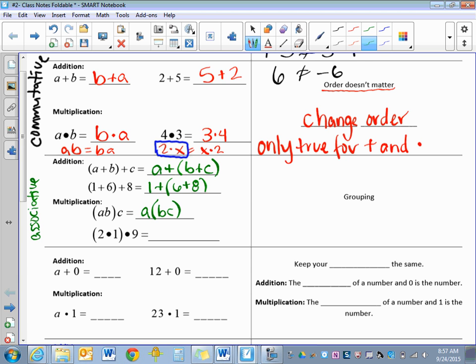Same with our numbers. 2 times 1 times 9 is the same thing as 2 times 1 times 9. So again, all we're doing here is just grouping it differently. And notice again, this is only true for addition and multiplication.